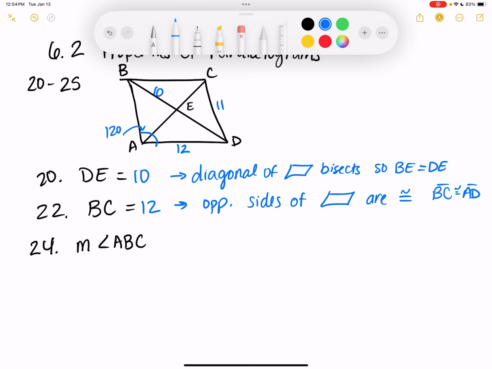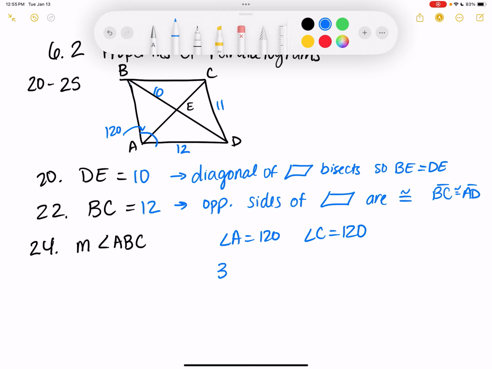Okay, so we know that angle A, the whole angle, ignoring the diagonals, is 120 degrees. What does that mean about angle C? 120 degrees. So angle A is 120 and angle C is also 120. What do I know about the total degrees inside a parallelogram? 360.